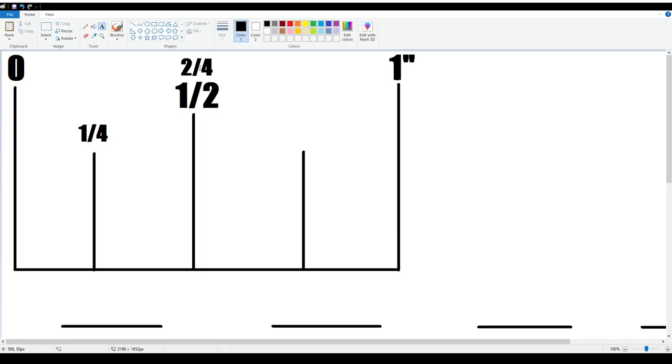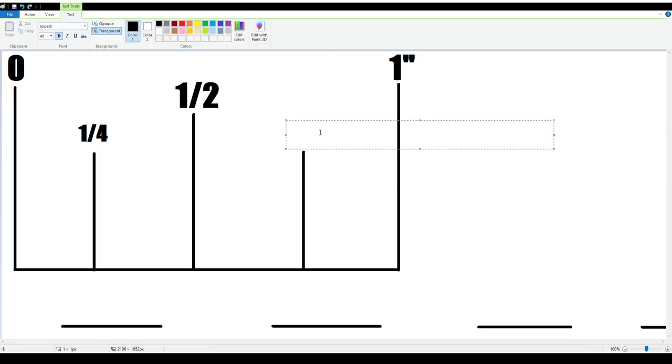Nobody calls a 1/2 inch 2/4. If you get caught saying something is 2/4 of an inch, they might run you off of that job site pretty quick. So we're just going to get rid of that with an eraser. We're not going to call that 2/4 ever, but understand that it is the equivalent of 2/4. So if this is 1/4, this is 2/4, which equals 1/2 inch. Then what's this third one over here?